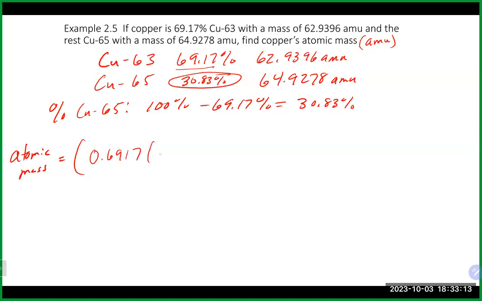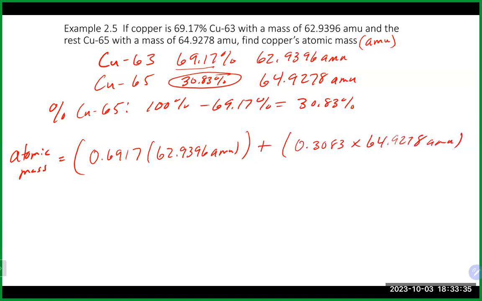We're going to times that by our mass of 62.9396 AMU. We are again going to add it here, not multiply, to our second isotope. Also, I'm going to move the decimal place 2 places to the left and times it by 64.9278 AMU. That is going to get us here.